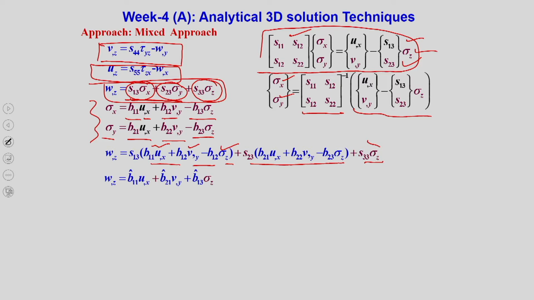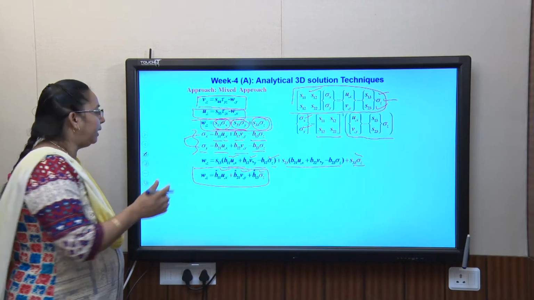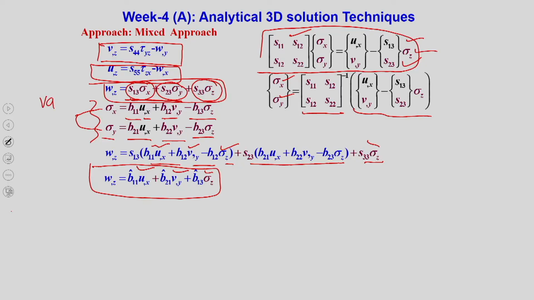Now you are getting w comma z in terms of u, v and sigma z. And here you will see that sigma x and sigma y, if we know u, v and sigma z, we can obtain sigma x. So there is no need to take them as variables. So I would like to say that these are dependent, sigma x and sigma y. Similarly tau xy will come up.